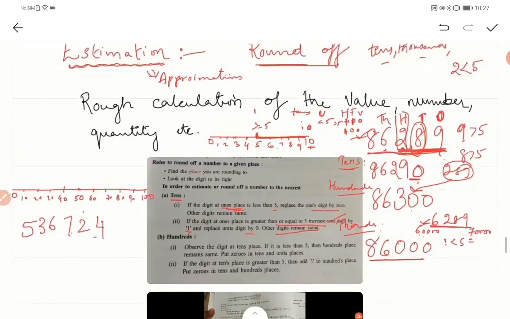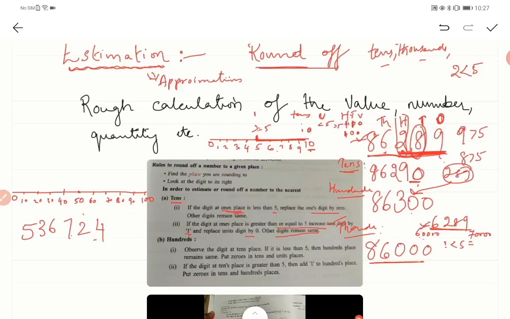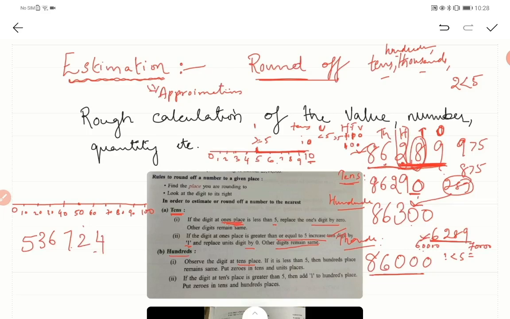Now for the hundreds place, you need to check the tens place. To round off to the nearest tens, we look at the ones place. To round off to the hundreds place, you observe the digit at the tens place. The same rule applies: if it is less than 5, the hundreds place remains the same, and you put zeros in the tens place and units place. If the tens digit is 5 or greater, you add 1 in the hundreds place and put zeros in the tens place and units place.